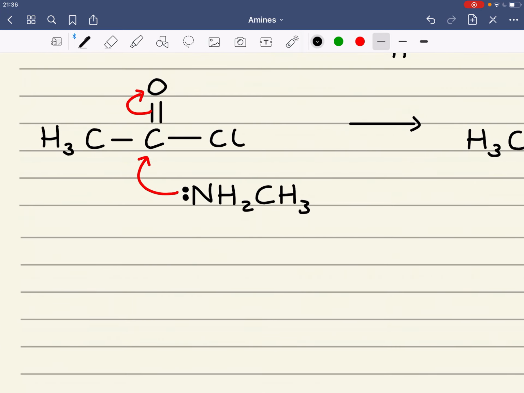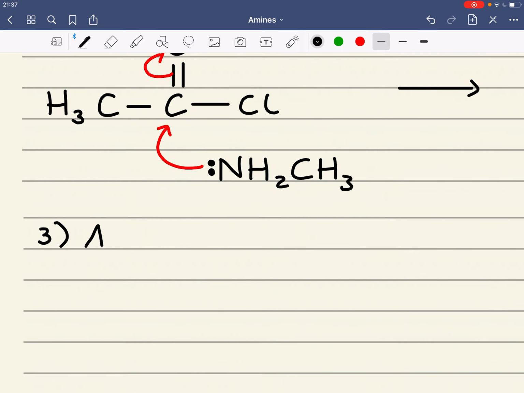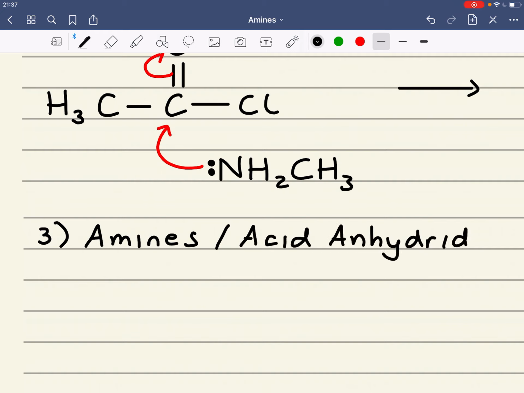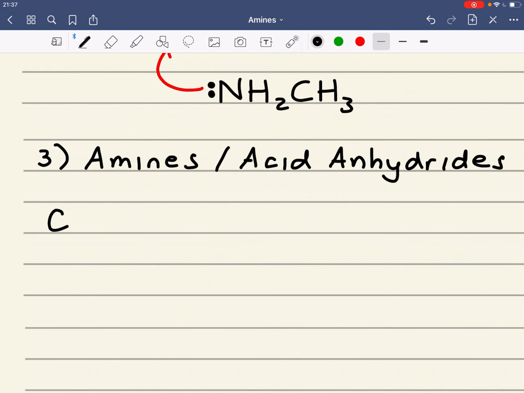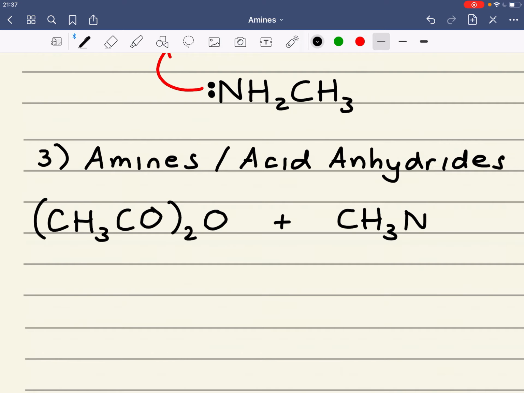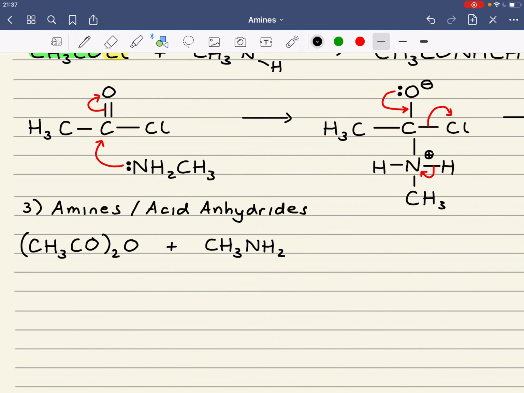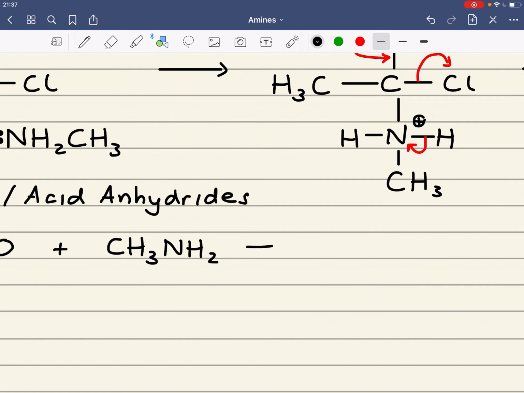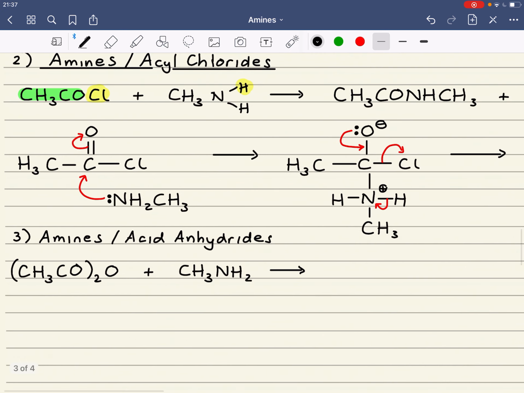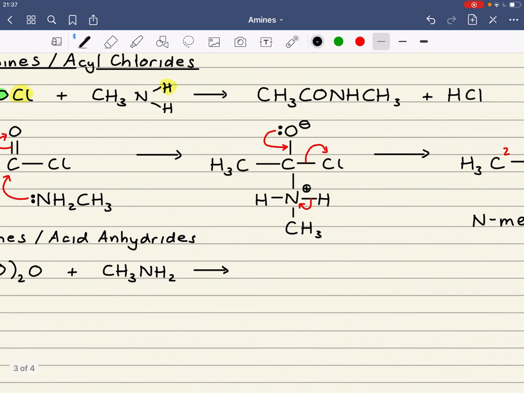The final reaction we'll look at is when amines react with acid anhydrides. And we'll look at ethanoic anhydride and methylamine. And whether you react acyl chlorides or acid anhydrides with methylamine, you will always get one of the products being identical, and it's always the main organic product.